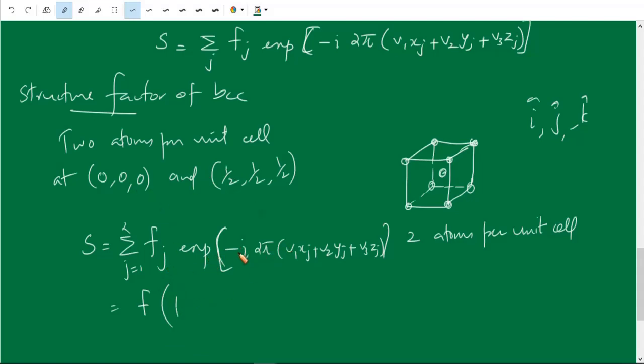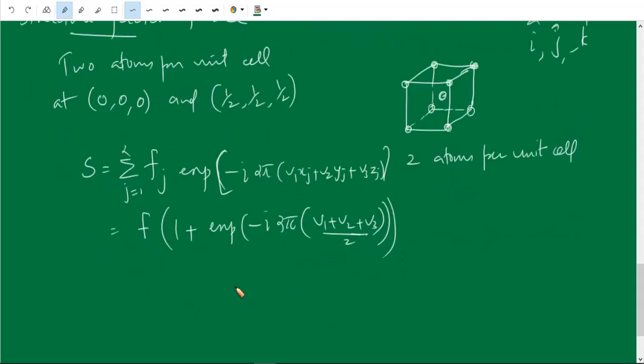Next is plus exponential minus i 2 pi (v1 into half, v2 into half, v3 into half). Therefore we can write this as f into 1 plus exponential minus pi i (v1 plus v2 plus v3).